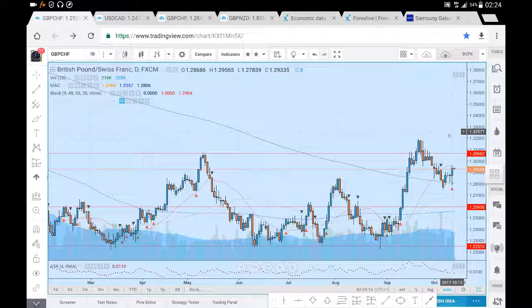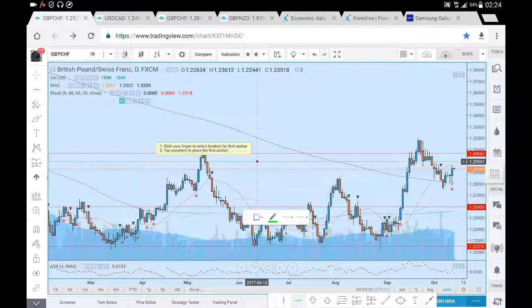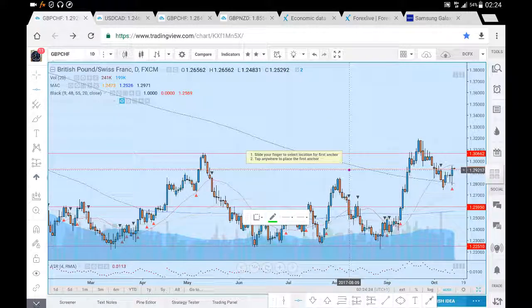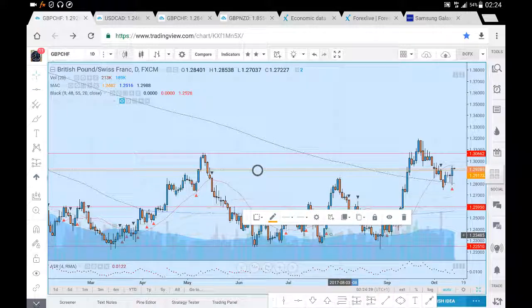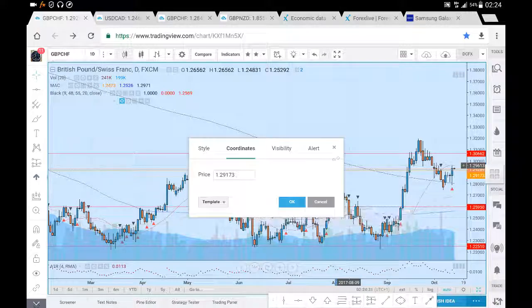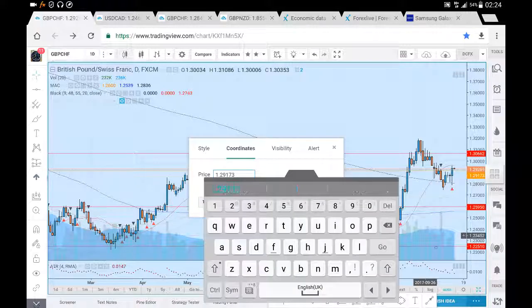So let's just see where we are. We should look at opening. Let's just see where the candle opened at 128.68. Let's just mark on the chart 128.68, and we're just going to change that to orange, and just make sure our coordinates are correct.